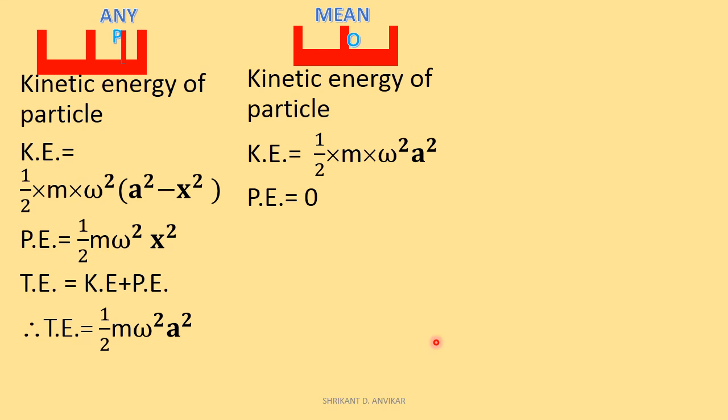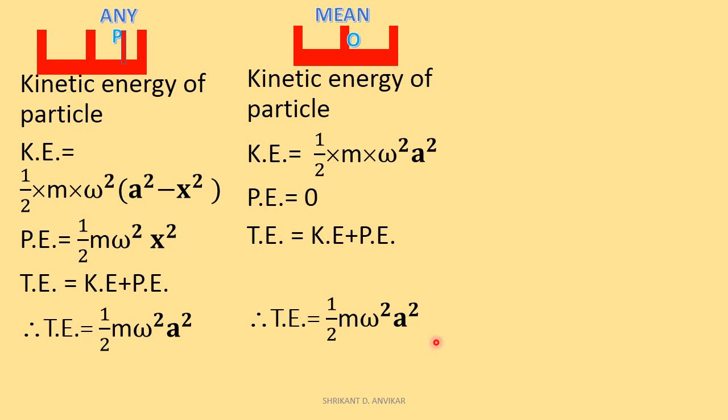At the mean position, potential energy of the particle is 0. Therefore, if we take the addition of these two energies, then total energy of the particle is equal to 1 by 2 m omega square a square.